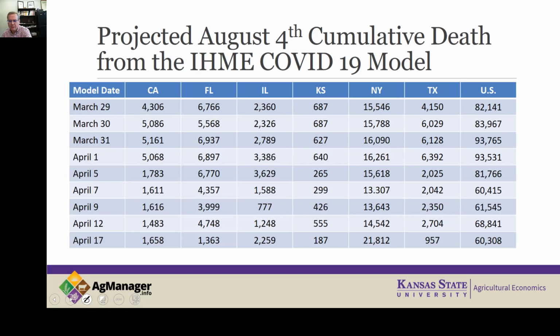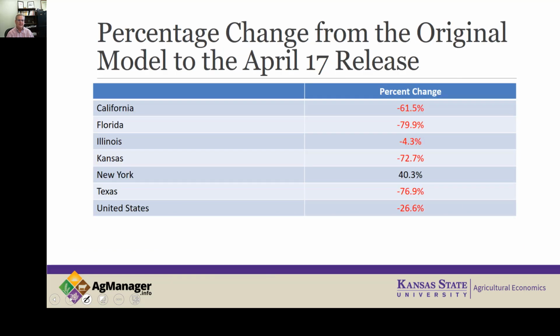But in some respects, from the last model, the projected deaths in New York increased by 7. U.S., they decreased by about 8,500. Saw a little bit of an increase in Illinois. A little bit of increase in California, but it's still quite a bit less from the original models. A decrease in Florida, Kansas, and Texas.